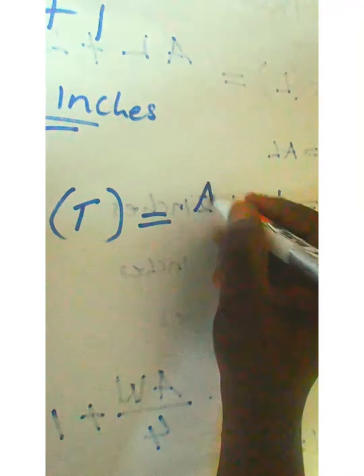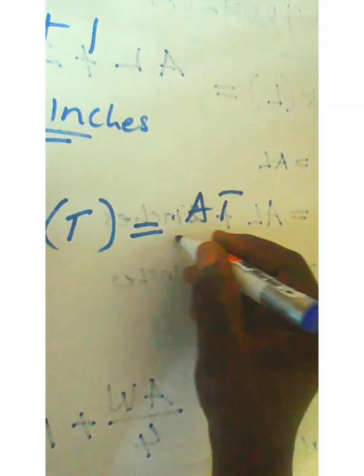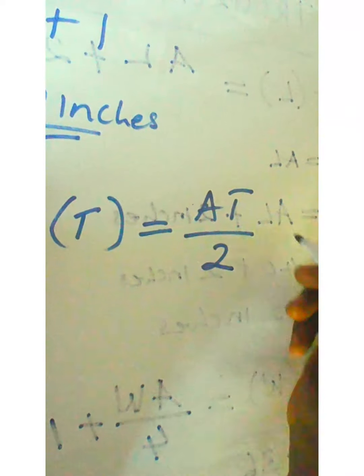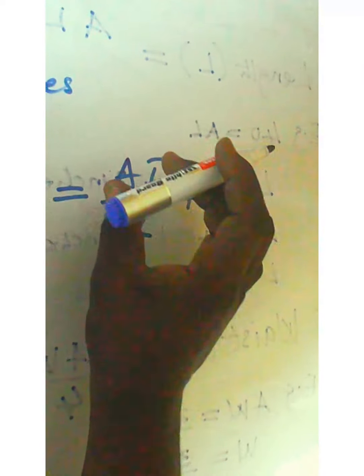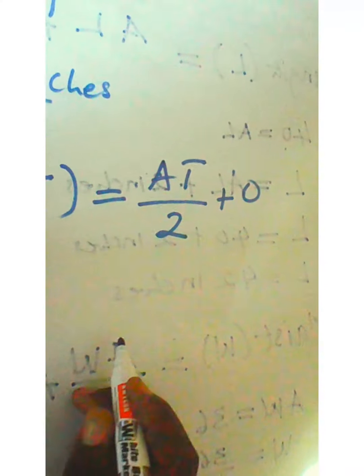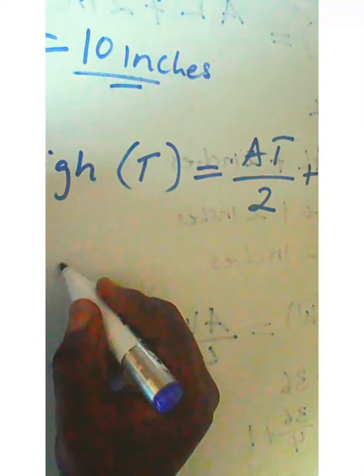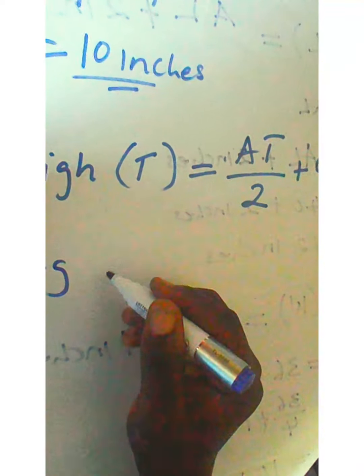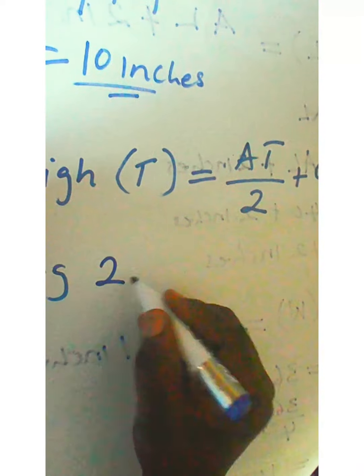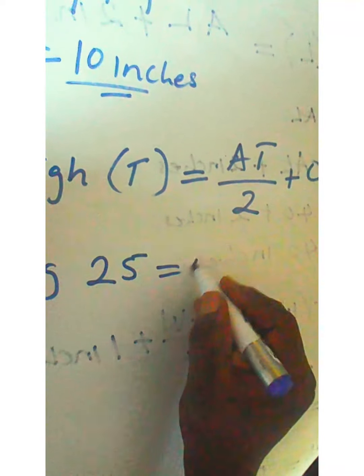It will be actual tie divided by 2 plus 0. Plus 0 means we are not adding any other inch after dividing the actual tie by 2. Example: if the actual tie of the client you measure is 25, that's actual tie.